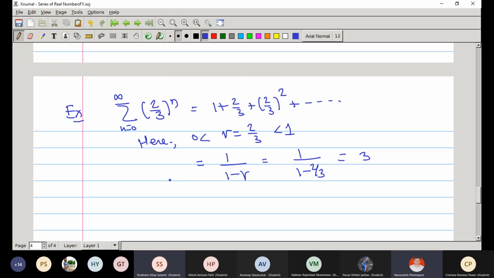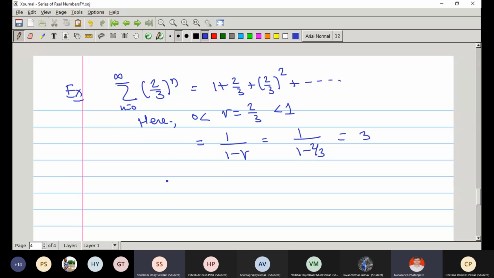Right. And so here are infinitely many numbers we are adding, but this is the power of mathematics or logic, that we can understand in a few seconds that this sum is 3. But if you try to add these numbers manually, 1 plus 2 by 3, then 2 by 3 square, then add one more number, and keep on adding, when will all terms be exhausted?